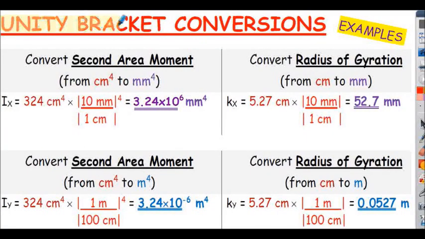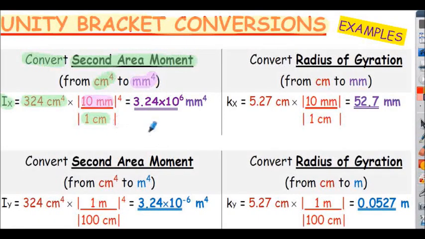Here are some examples of unity bracket conversions for your reference. Here we have a conversion of the second area moment value from centimeters to the 4 to millimeters to the 4. It's labelled as IX here. So the value we're converting is 324 centimeters to the 4. And in this case, a unity bracket that relates centimeters to millimeters is that 1 centimeter is equivalent to 10 millimeters. So that's our unity bracket.